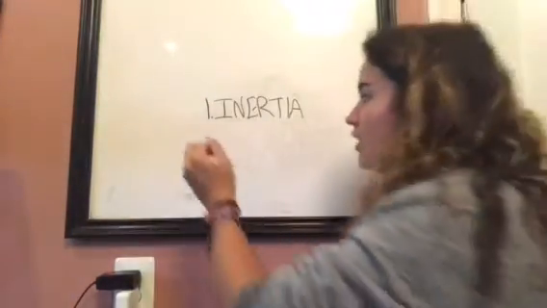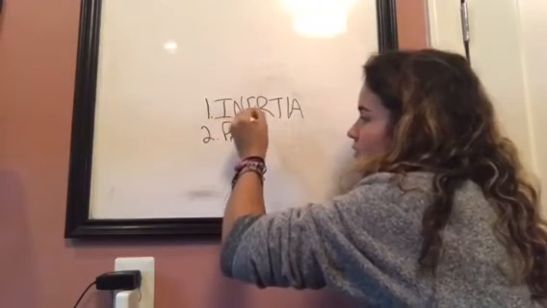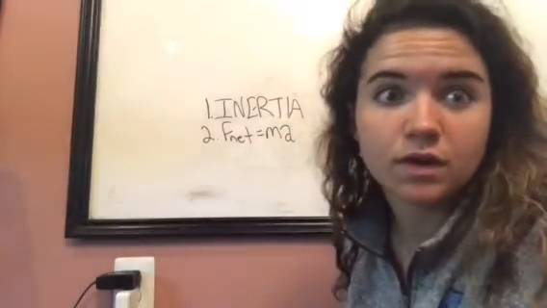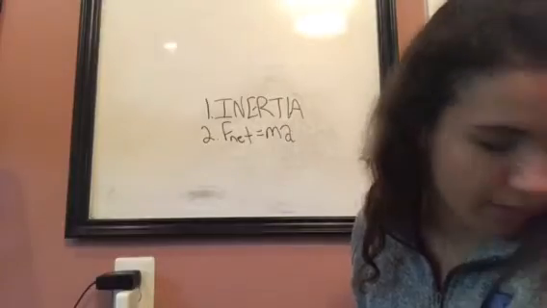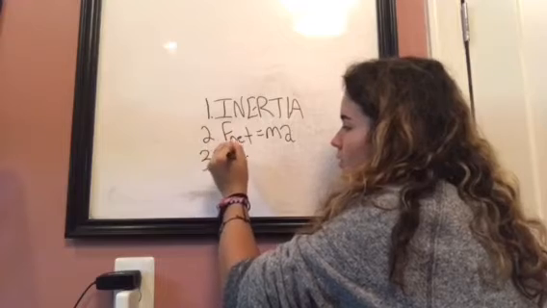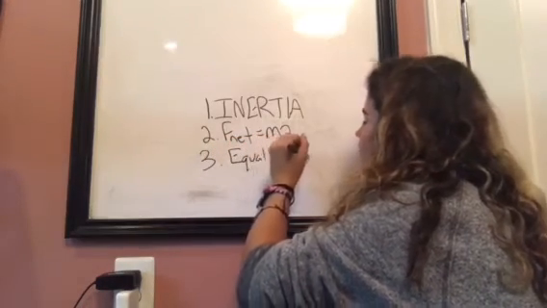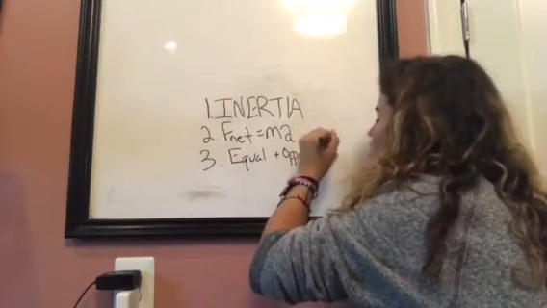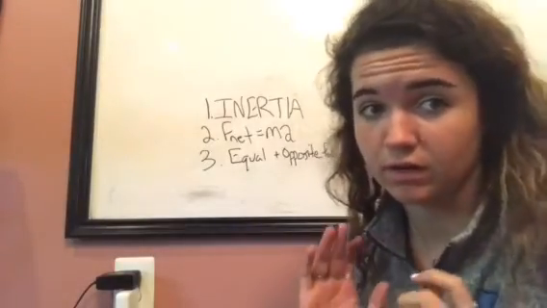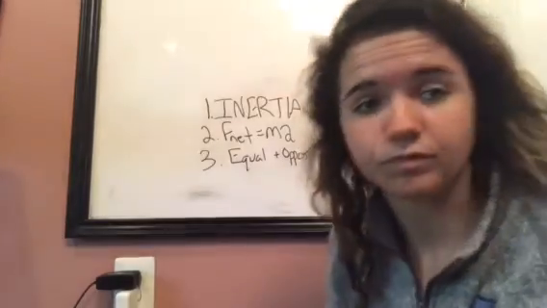The second law, which you will use all the time, F net equals ma. Yay! So much fun! And thirdly would be equal and opposite forces. Newton's laws have set a basis for all of physics. When you're trying to make conclusions, you can use these to get basically anywhere in physics.